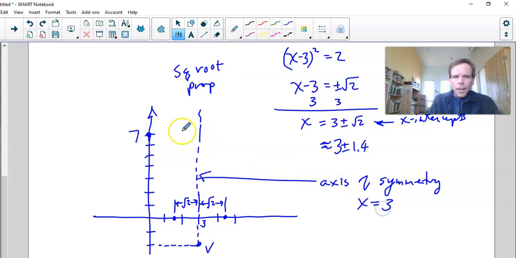So this point right here, the y-intercept, has a matching symmetry point on the other side. And since this distance is 3 from the symmetry axis to that y-axis, we need to go 3 up to the other one. So 1, 2, 3, that's 6. And we'll come up to there.